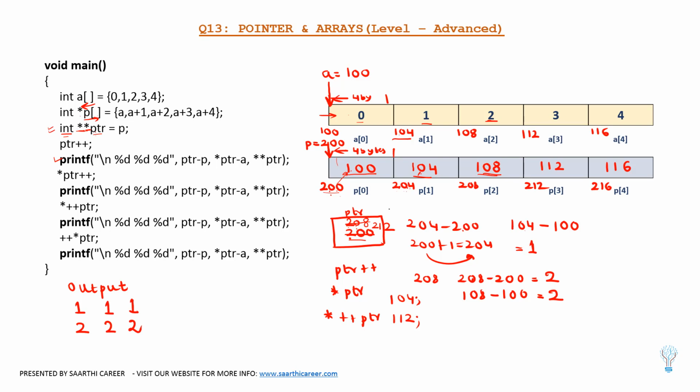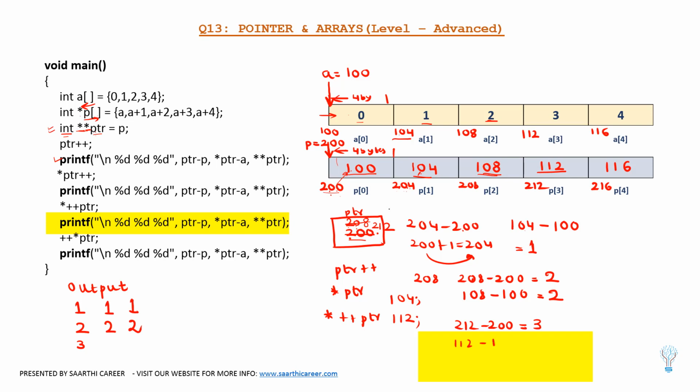And then we have printf, again ptr minus p. So we are doing 212 minus 200. Since pointers are of 4 bytes each, between 212 and 200 there can be only 3 pointers, and hence the first answer is 3, followed by *ptr minus a. So star of 212 we get 112, 112 minus 100.